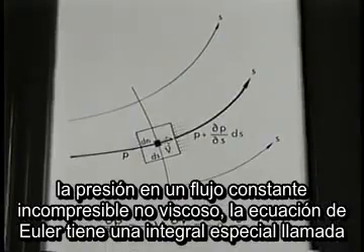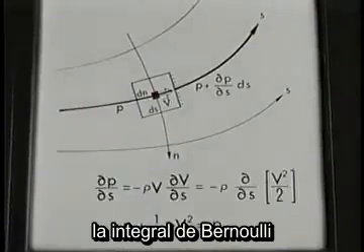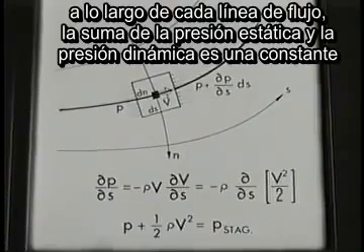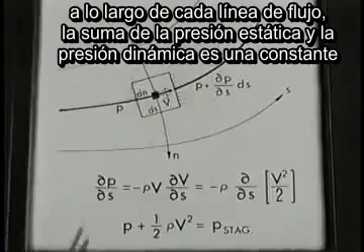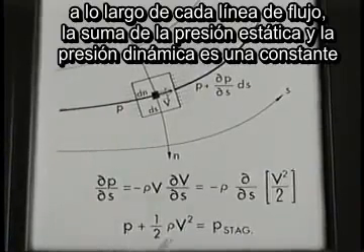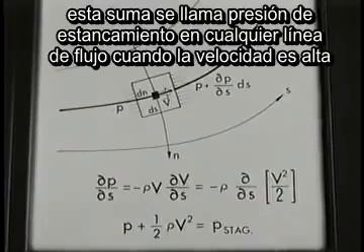In an incompressible, steady, non-viscous flow, Euler's equation has a special integral called Bernoulli's integral. Along each streamline, the sum of the static pressure and the dynamic pressure is a constant. This sum is called the stagnation pressure.